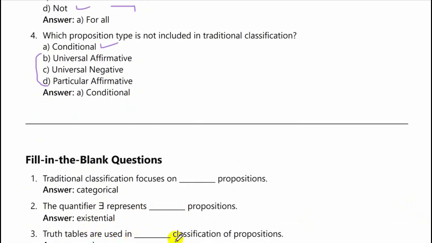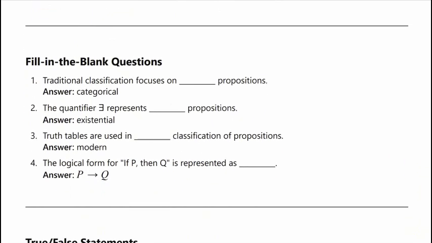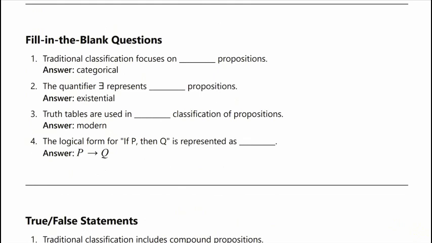Truth tables are used in modern classification of propositions. The logical form for if P then Q is represented by P right-headed arrow Q. Traditional classification includes compound propositions. This is a false statement. It includes categorical propositions.